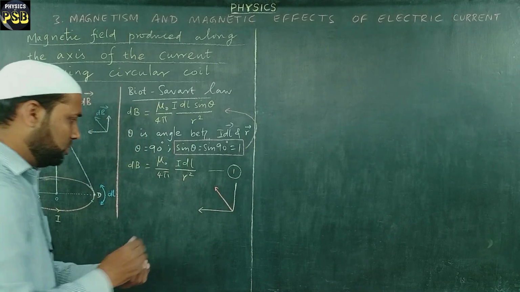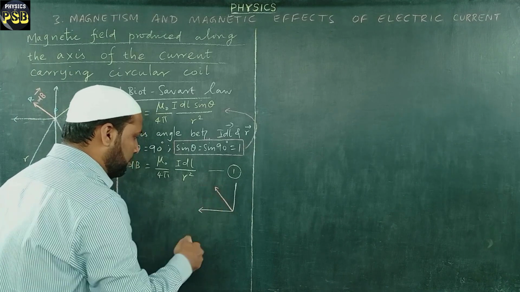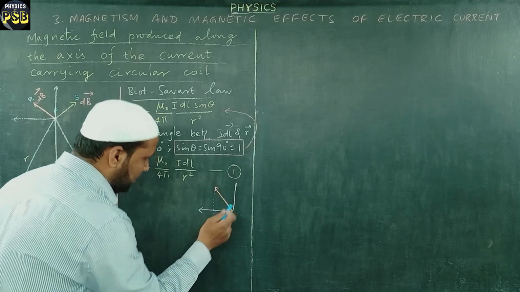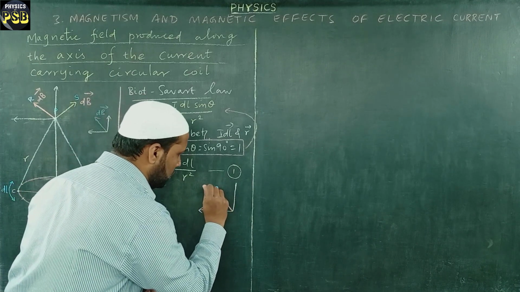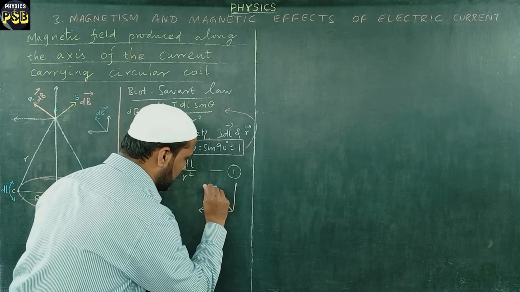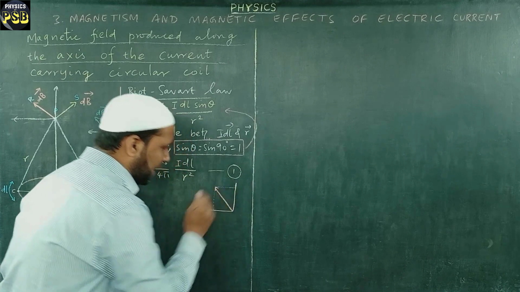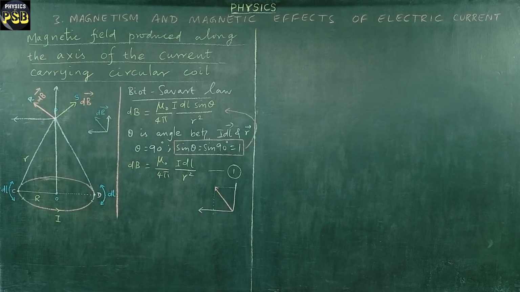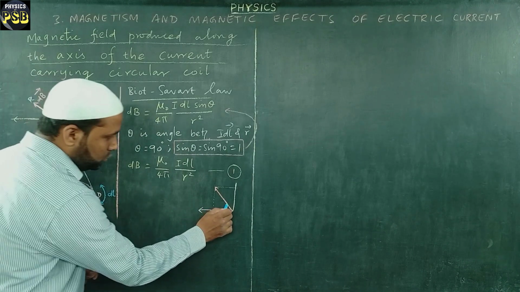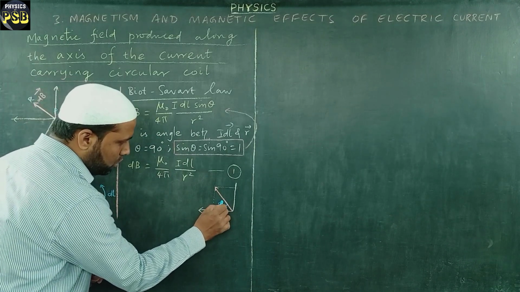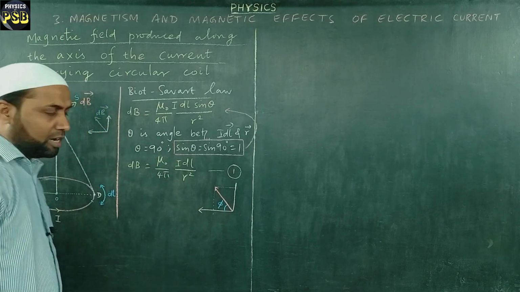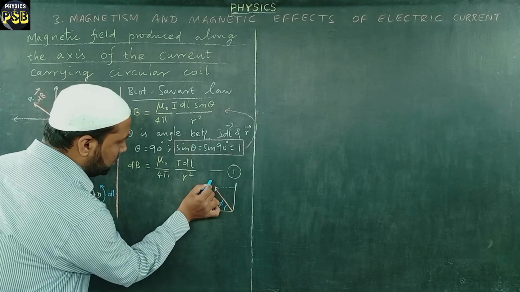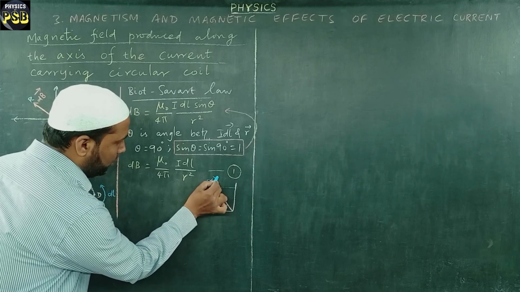To do so, I drop a perpendicular from the tip such that it can intersect here, and I do the same thing to this line as well. I drop a perpendicular so it can intersect here. Now I take this angle to be equal to theta. This angle is taken as theta, and this line actually represents the dB vector.